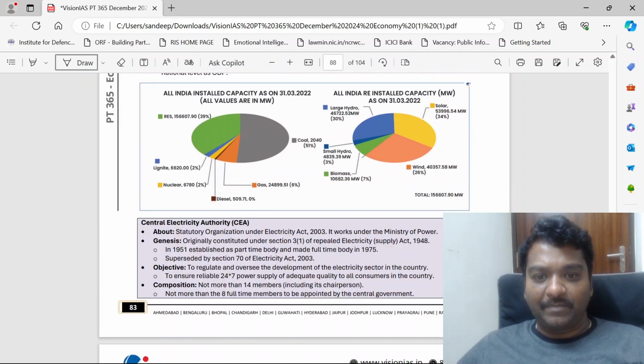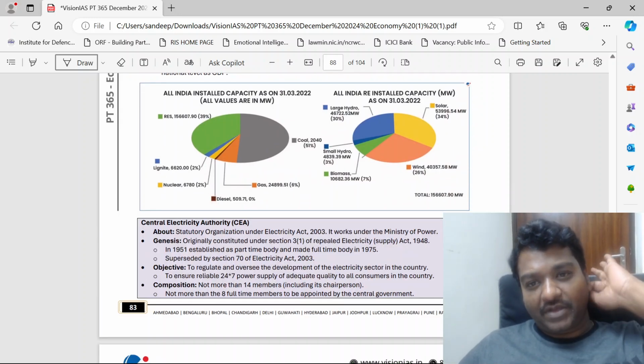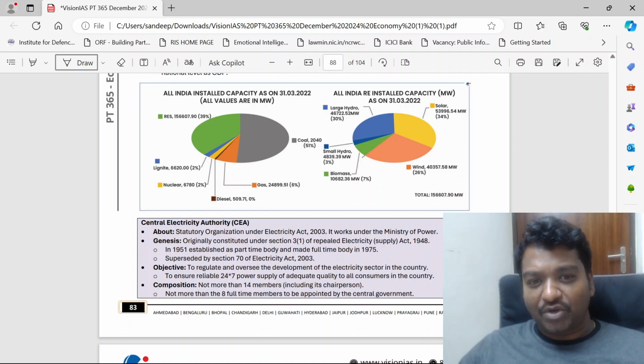National Electricity Plan. Okay. All India installed capacity as on 2022. Large hydro is 30%, small hydro 3%. Solar is 34%. Wind is 26%. Okay. Please see here, guys.